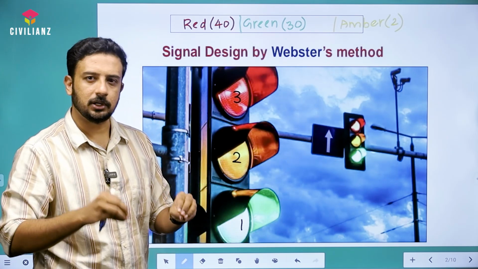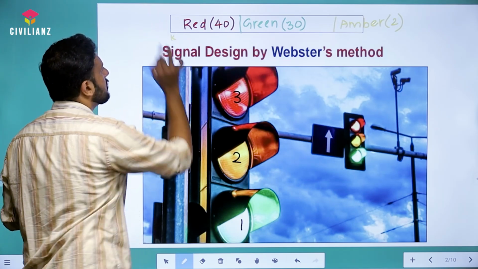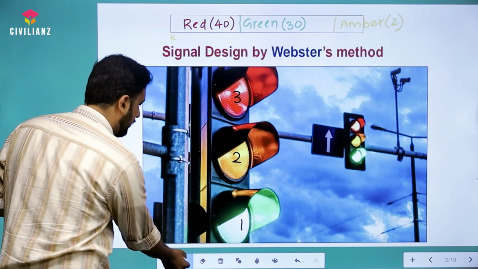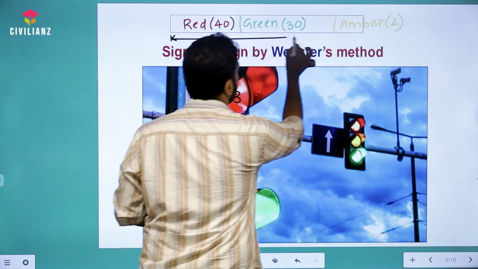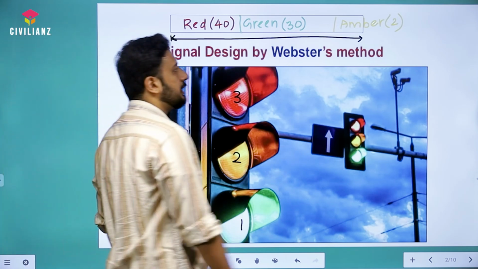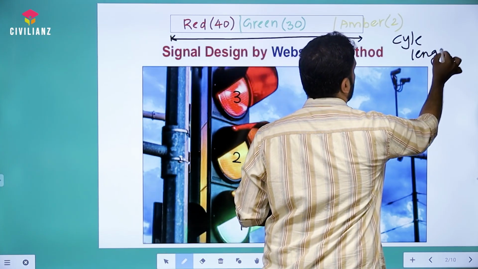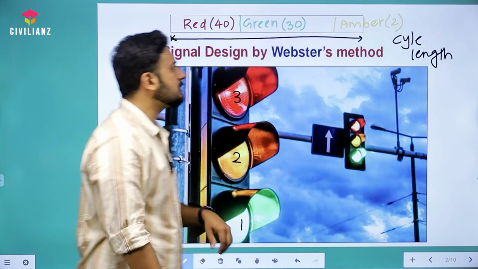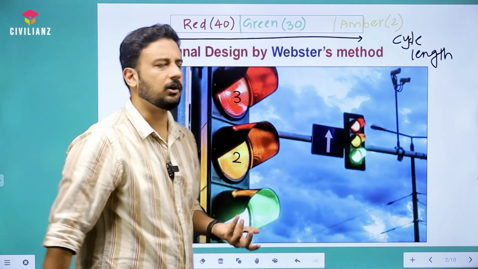But for our convenience, we are considering the starting of the red signal as the starting of a cycle. So we can represent like this, from here to here will be the duration of a signal cycle. We can call it cycle length, or cycle time, anything we can call.